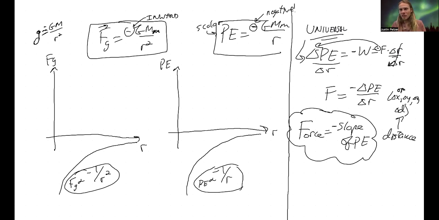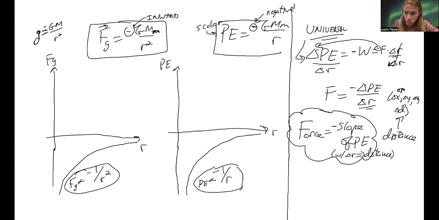This is the intimate connection between the two. This is how they are connected. This is the most important thing. To me, this is the most important thing. Realizing if you know the potential energy, you know the force. If you know the force, you know the potential energy, not just from the equation, but from this graphical visual concept that the rate at which potential energy changes in distance, careful, slope of potential energy with delta R, distance, not time.